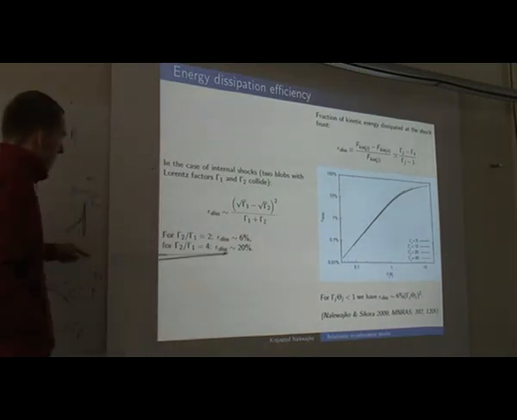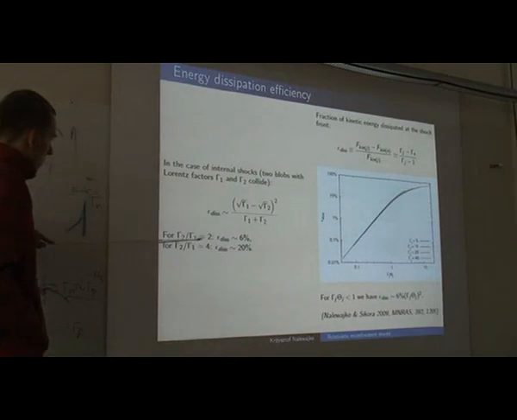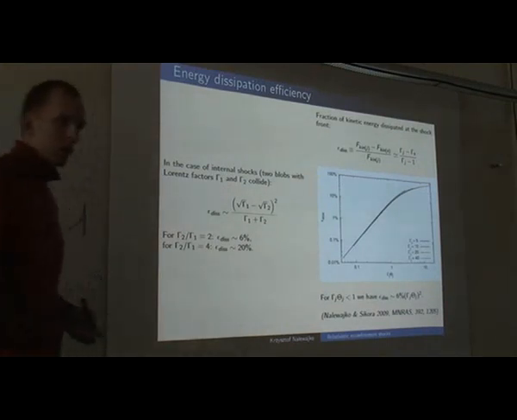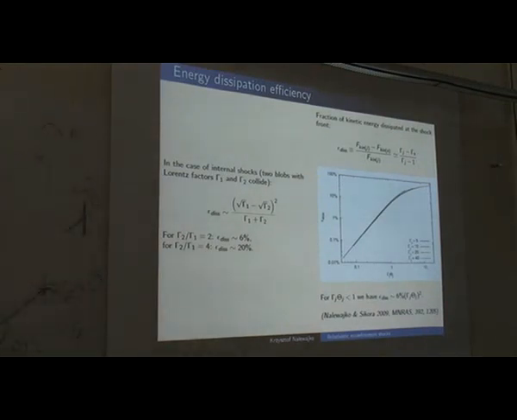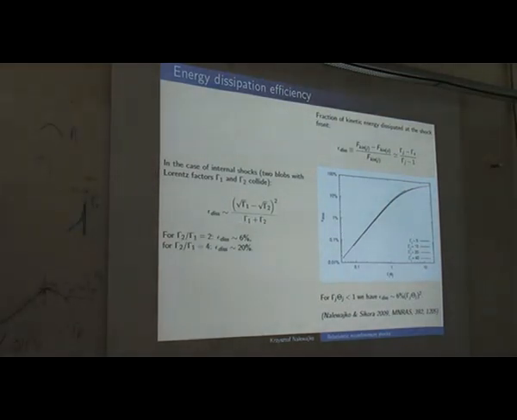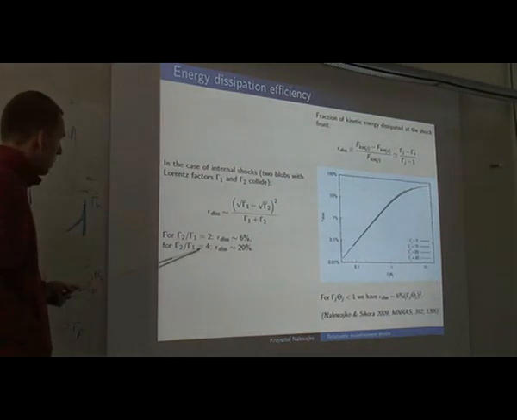So to have a high efficiency of dissipation, you need a significant ratio. Excuse me? Two blobs have the same mass? Yes, this is assuming the same mass. Of course, with a different mass ratio, it would be different, but this is just for illustrative comparison.